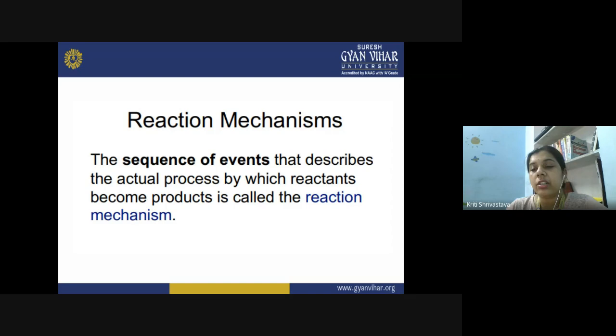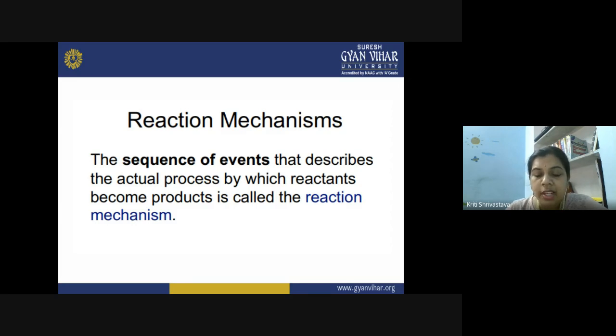Now let us look towards the reaction mechanism, because from chemical kinetics we are not only discussing the rate of the reaction, the half-life, and the order of the reaction, but we also get a good idea of the reaction mechanism. The chemical kinetic evidences are very good facts in support of a particular reaction mechanism.